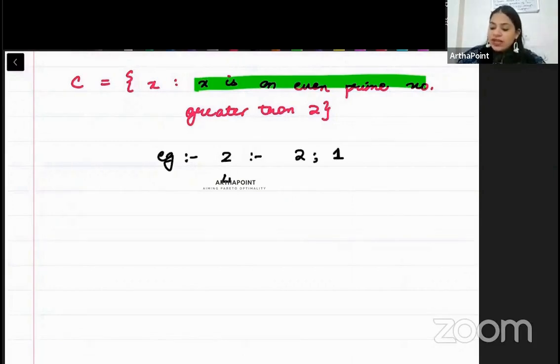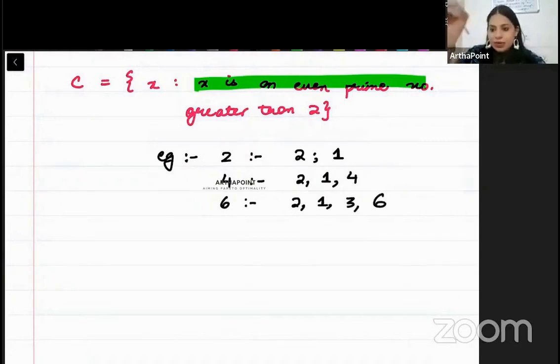But whenever you write any other even number like 4, उसके फैक्टर्स हो जाएंगे 2, 1 and 4. Like 6, उसके फैक्टर्स हो जाएंगे 2, 1, 3 and 6. So the only number which is even and prime, beta, that will be 2, right? So this becomes an empty set.